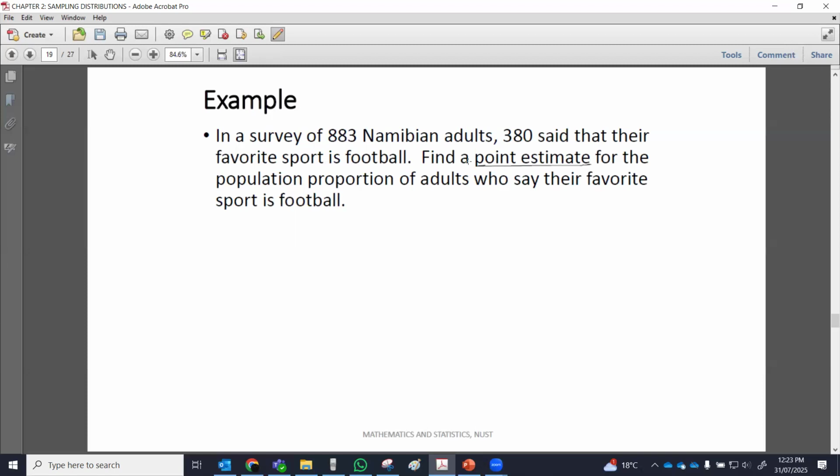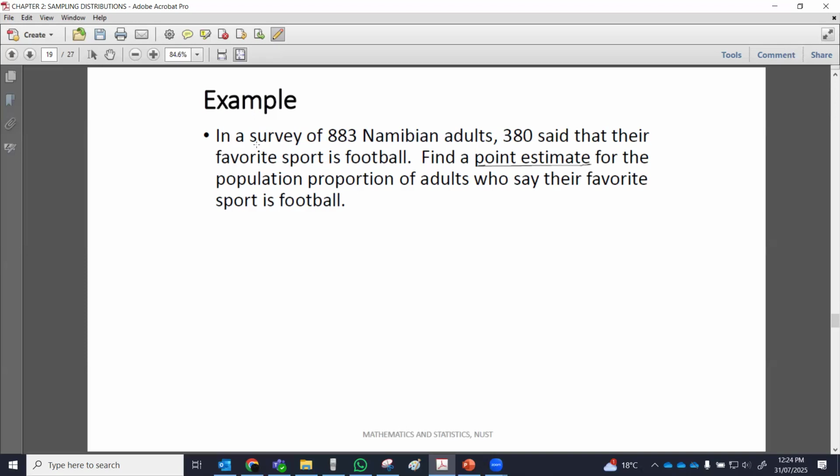The other estimate that we give is what we call a confidence interval. You would say, I estimate the mean to be between 5 and 7.5, or between 8 and 17, and then you state how confident you are that the true mean lies in that interval. But here, finding a point estimate is very easy to do.